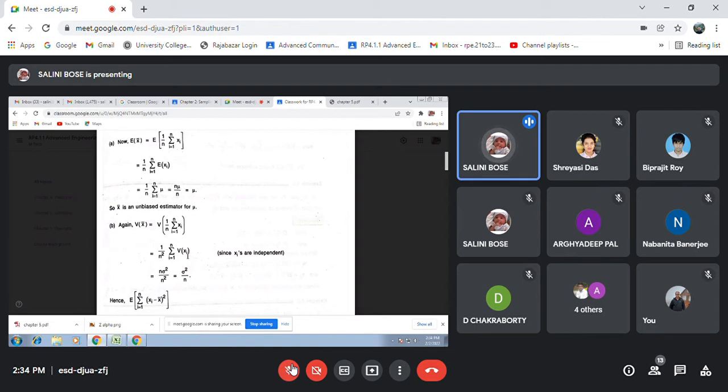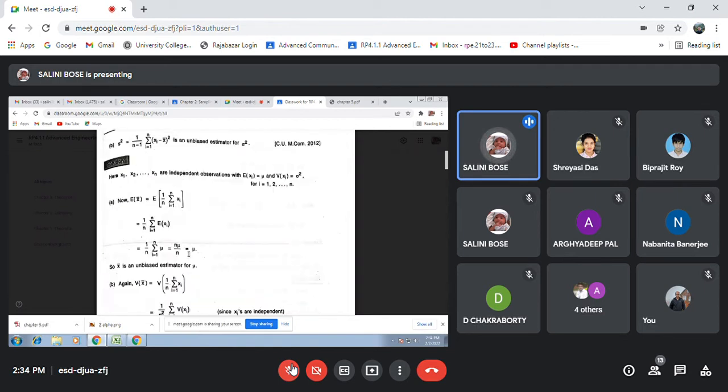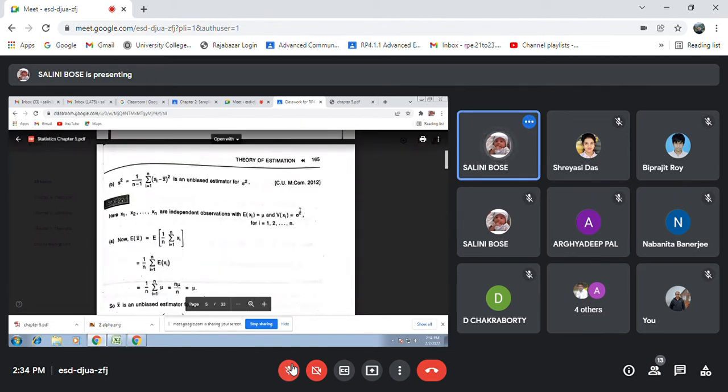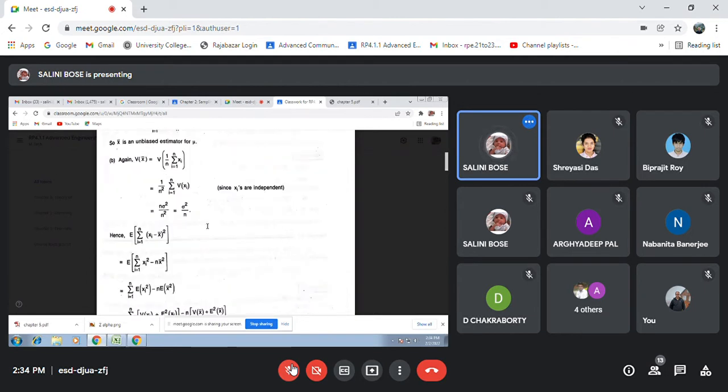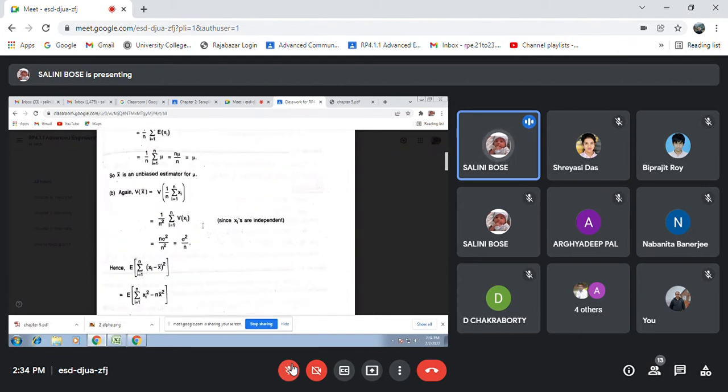For a sample x1 to xn, we know the variance of xi is equal to sigma square. So how many times are you summing? n times. That is why it is n sigma square, divided by n squared. So we can say sigma square by n. Clear?